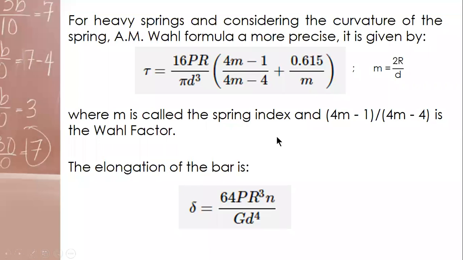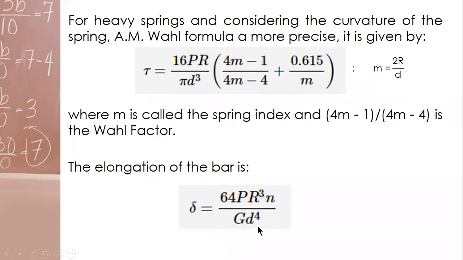Okay, so makita nimo sa formula, for example, M is given, R is given, D is given. Based sa formula, P ra ang kwaon. Pag masolve nimo ning resisting load, nakuha nimo ang stress.